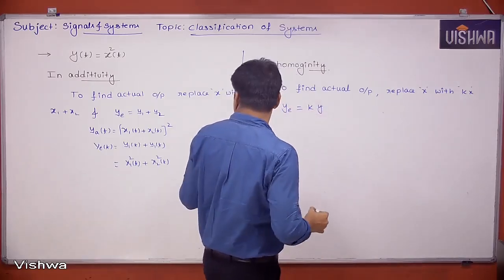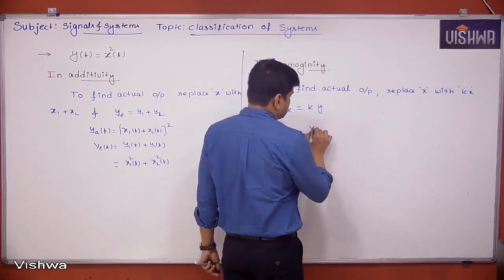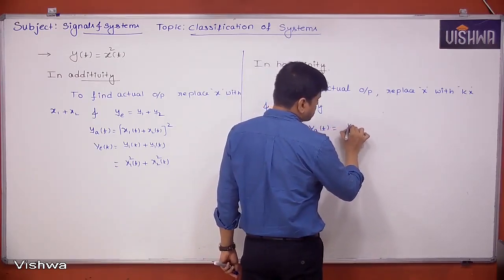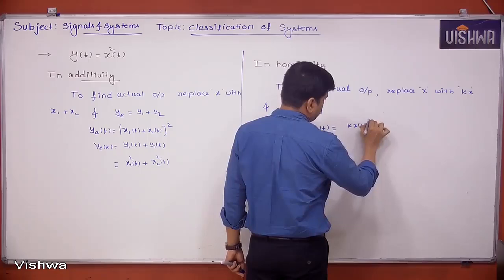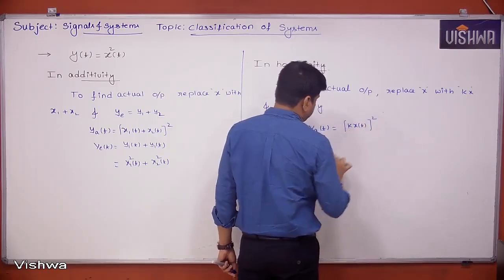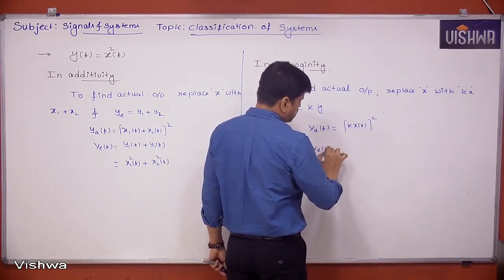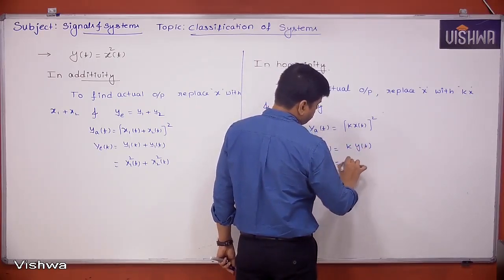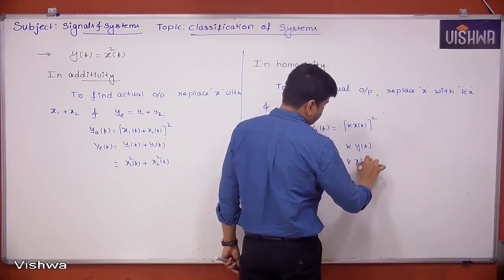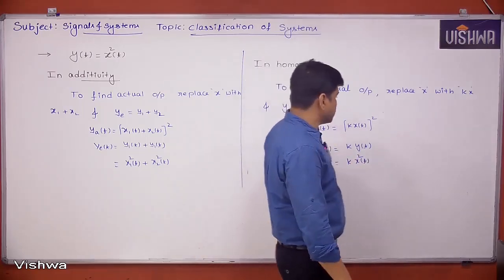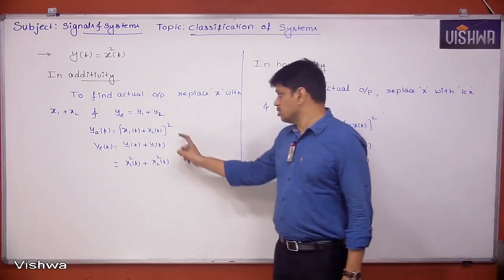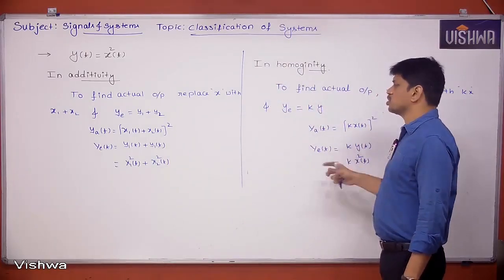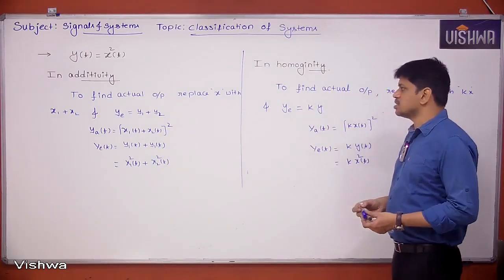Now try for this one, y of t is equal to x of t square. The actual output is simply replace x with kx, so kx of t whole square. Then what is the expected output, which is nothing but ky of t. So whatever y of t is there, that has to be multiplied with k, so it is k x of t square. In this way, we can directly find these 4 steps. In these 4 steps, we can decide whether it is a linear system or not.